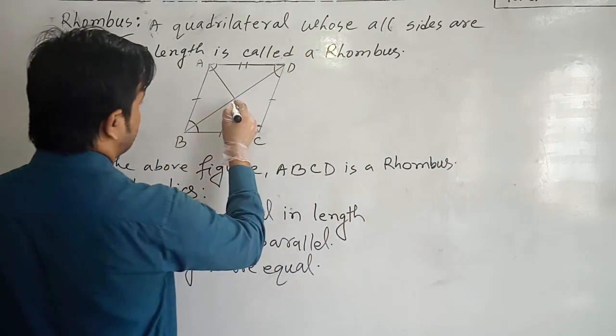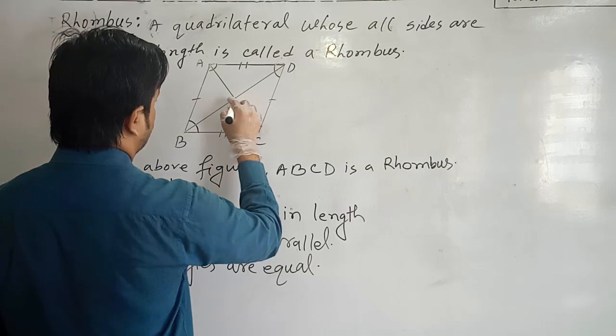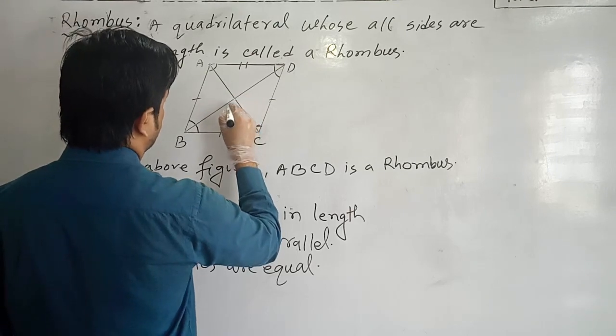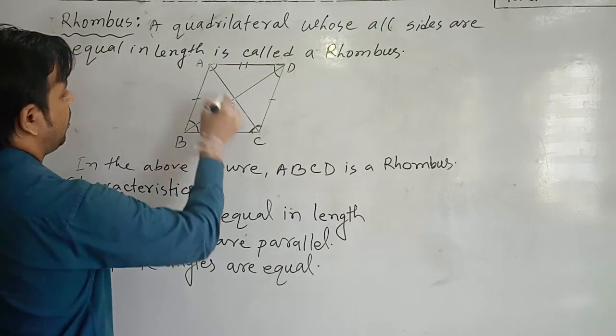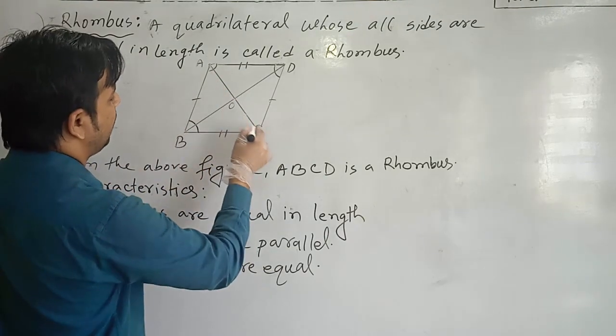These two diagonals meet at a point. Suppose the point is O. Here, length of OA will be equal to length of OC.